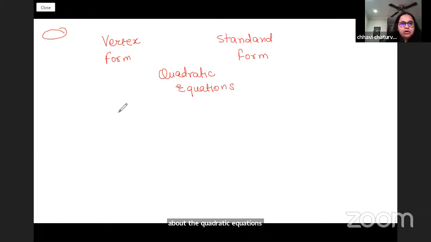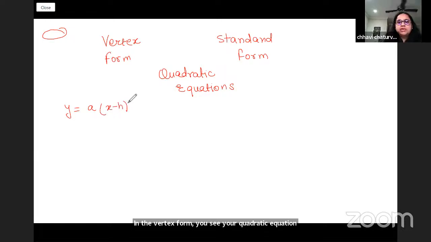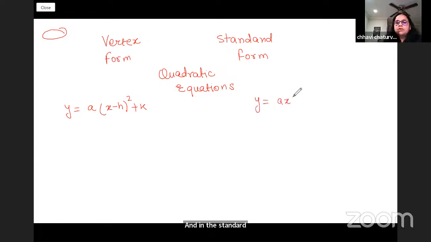In the vertex form, you see your quadratic equation written like this: y equals a times (x minus h) squared plus k. And in the standard form, the quadratic equation is written as y equals ax squared plus bx plus c.